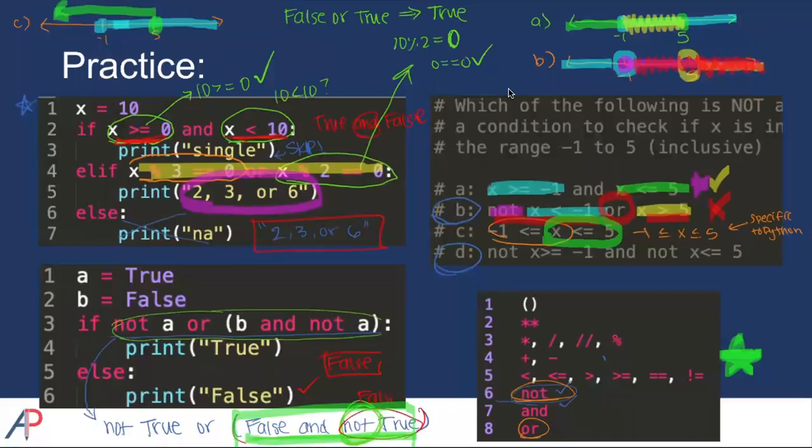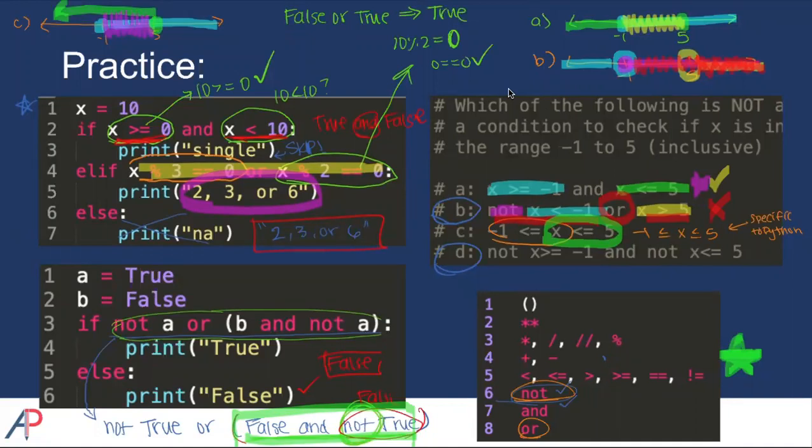So the overlap between them, because this is a compound inequality, would be this right here, between -1 and 5. So our answer choice C is a valid solution.